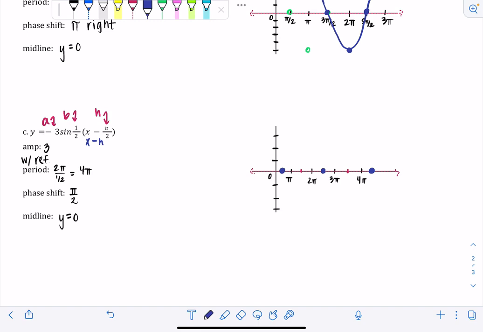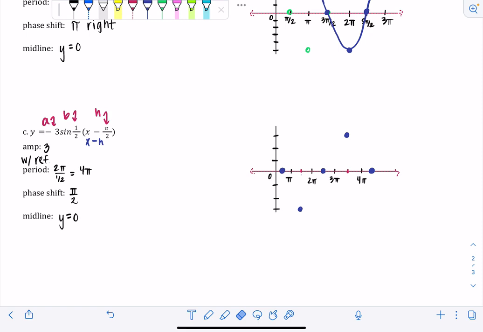I think the easiest way is to look at where you know it should be, and then scooch everything right by that halfway mark after. So our minimum is going to be 3 below the midline. It should happen right here, and then down 1, 2, 3 right there. And then the last one we need to place is the maximum, which is at the 3/4 mark, so it should be happening right here, and then up 3 to the maximum up here.